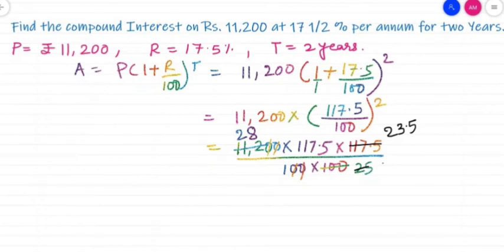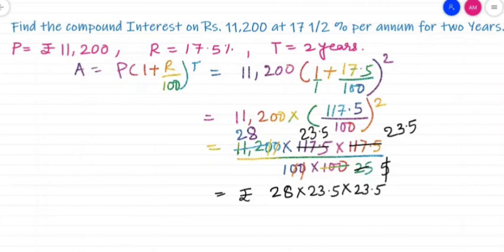So here you are having 5. Now if you cancel by 5, 117.5 gives 23.5. So at the end you are left with rupees 28 multiplied by 23.5 into 23.5.